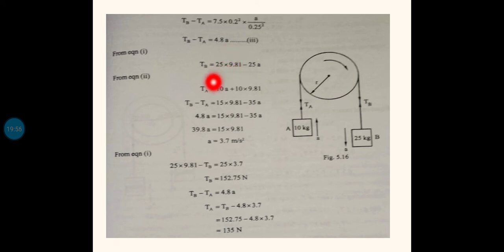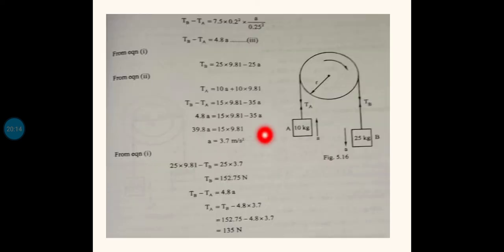Now from equation 1 you have TA equal to 10a plus 10 into 9.81. From equation 2 you have TA this much. From equation 1 you can have an expression for TB alone. Now substituting for TA and TB, you will get TA equal to 10a plus 10 into 9.81, and TB minus TA equal to 15 into 9.81 minus 35a.